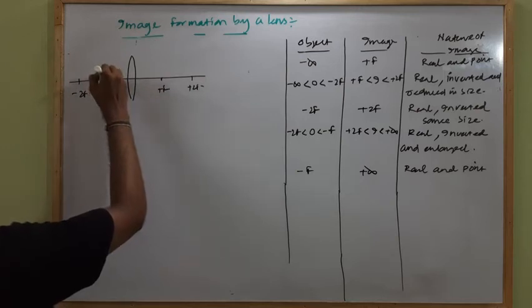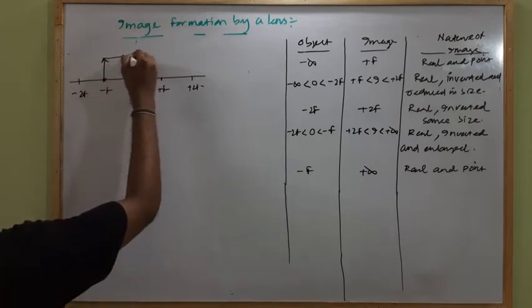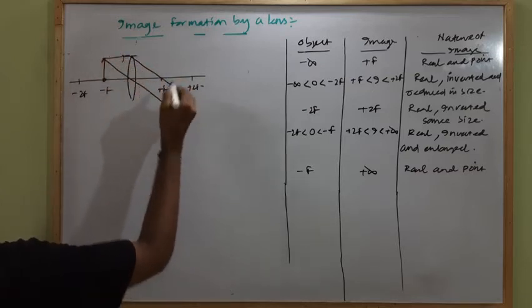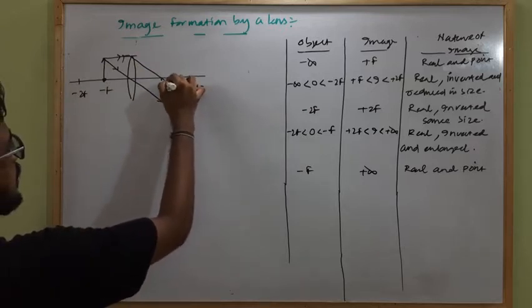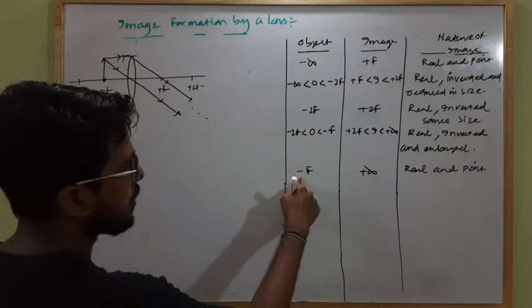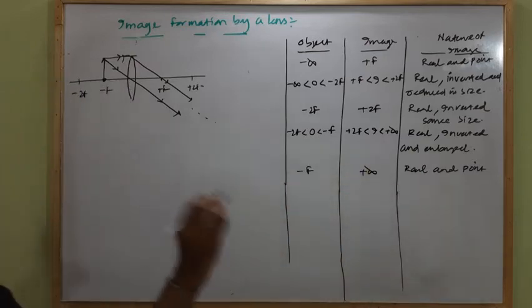The object is at minus f, so the incident ray after refraction will go like this, parallel to each other. So they will meet at infinity. So when minus f is the object position, the image will be at plus infinity, real and point.